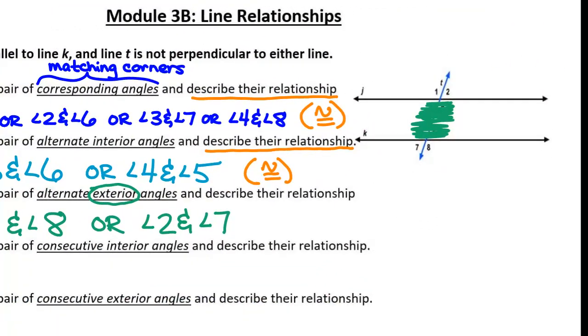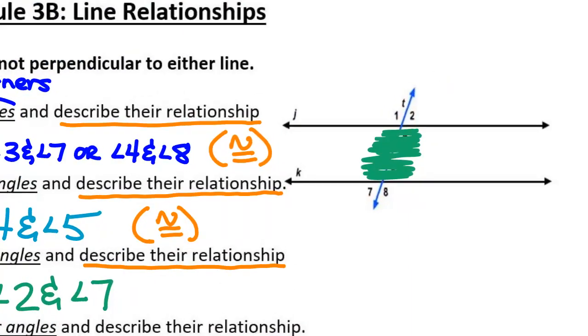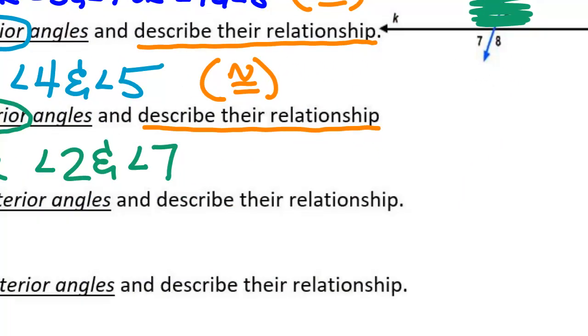What is the relationship between alternate exterior angles? They are congruent.